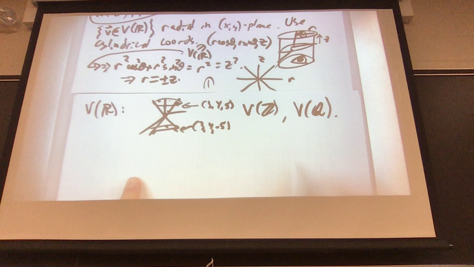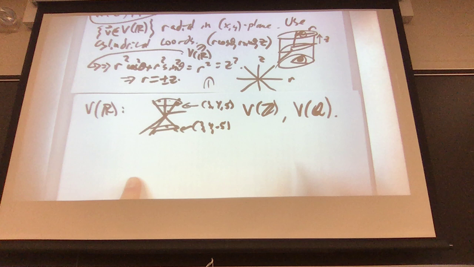There's one more thing missing to make this unique. I claim it's almost unique, as stated, but it's actually not unique because there's one more thing that you could do. So 3, 4, 5 is a primitive point. It should be the unique primitive point equivalent to itself. It's also a rational point.